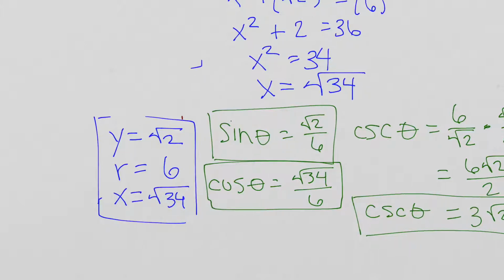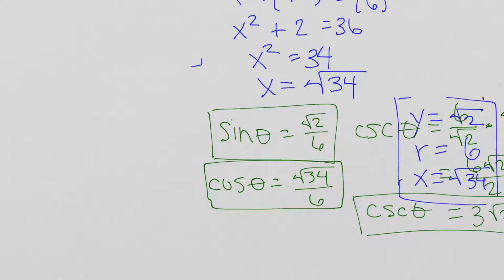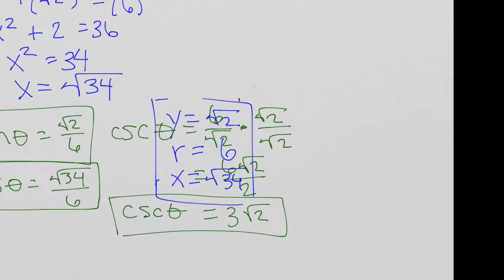The reciprocal of cosine is going to be secant, so we're going to find the secant value. I'll move this information over to where we can use it and refer to it.